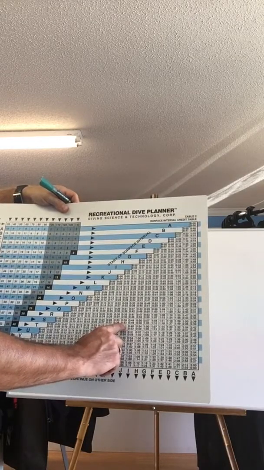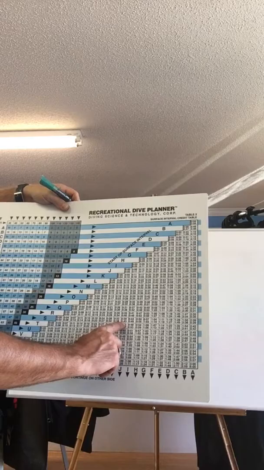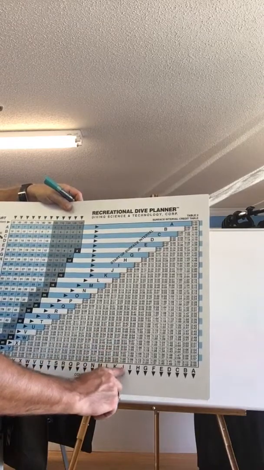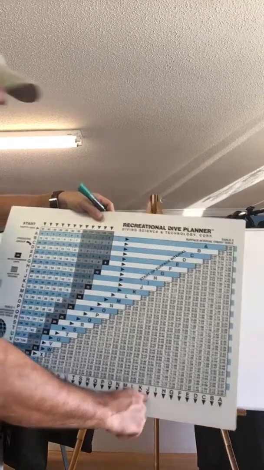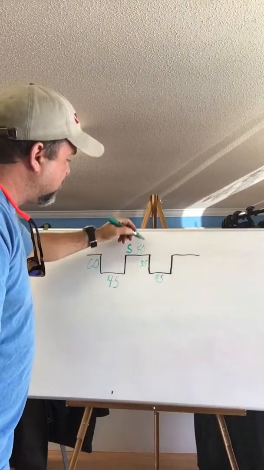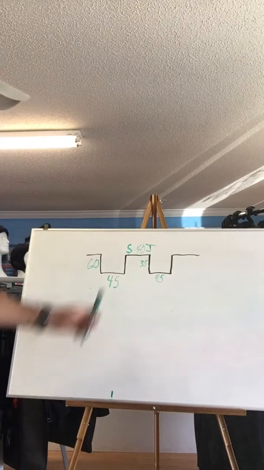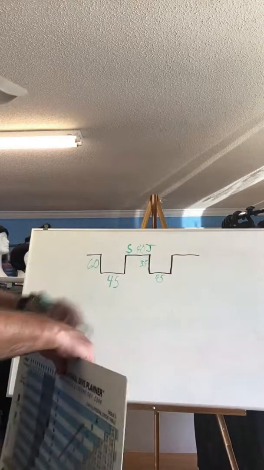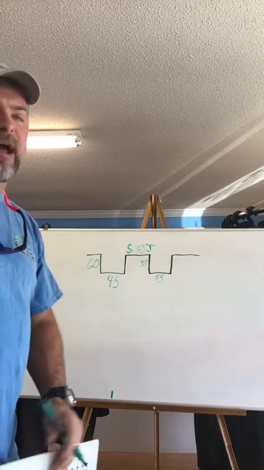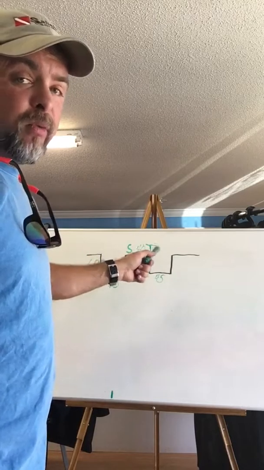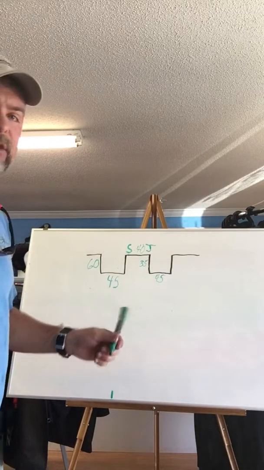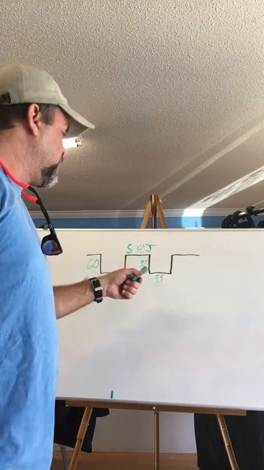So 40 falls in between those, so we'll use those numbers and follow it to the bottom, which makes us J. So after the 40-minute surface interval, we're in the J pressure group. So you can see we went from S to J, so we did lose some nitrogen. But the J tells us that we still have nitrogen in our system before we do the second dive.